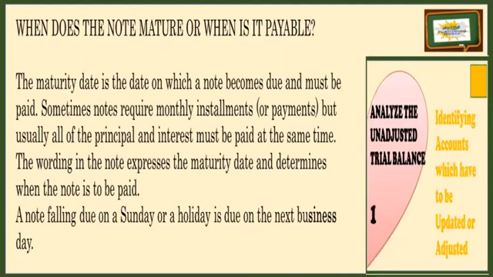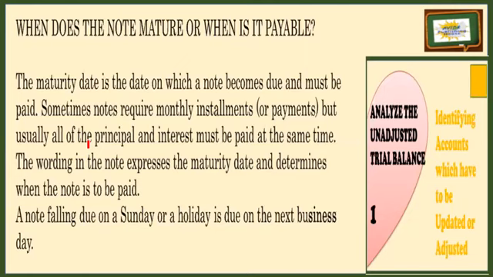When does the note mature or when is it payable? The maturity date is the date on which the note becomes due and must be paid. Sometimes, notes require monthly installments or payments, but usually, all of the principal and interest must be paid at the same time. The wording in the note expresses the maturity date and determines when the note is to be paid.